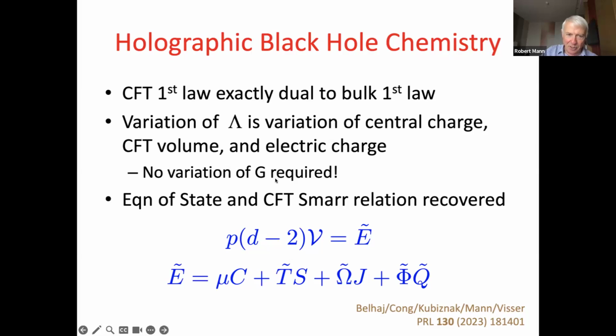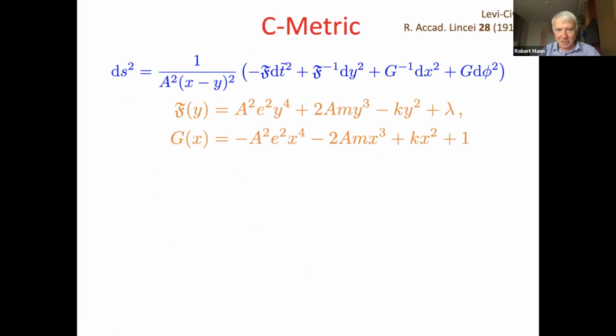It's not necessary to vary Newton's constant. And we can recover the equation of state and the Smarr relation. The Smarr relation I showed a couple of slides ago. The equation of state also necessarily comes out of these manipulations.